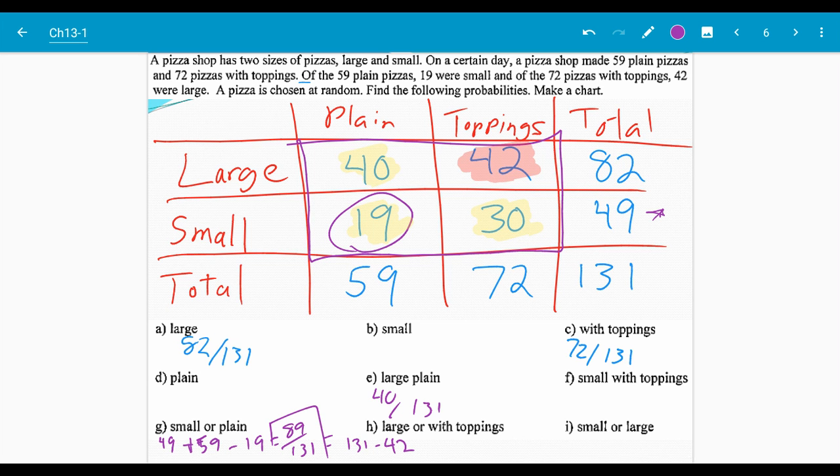But the way that it's worded, it doesn't directly say the overall total, but I think it's safe to say the assumption is we're talking about all pizzas, of which there are 131. What's the probability that we randomly select one of these 131 pizzas, and that it is a large plain pizza, of which there are 40?